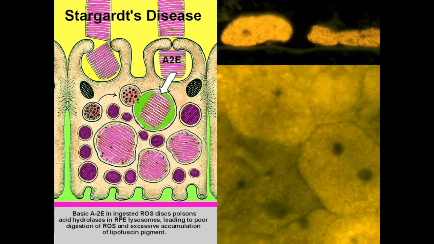Well, this toxic A2E product poisons the phagolysosomal system and leads to this massive accumulation of autofluorescent lipofuscin. If enough of it develops in the cells, this leads to terminal constipation, dysfunction, and cell loss.